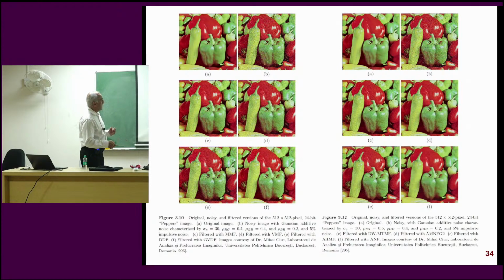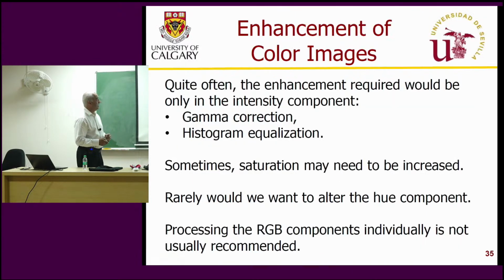So we showed that our approach gave the best result compared to these other filters in terms of some distance measures. But again, not all distance measures correlate well with the human visual perception of what is good and what is bad in terms of noise, sharpness, and such.